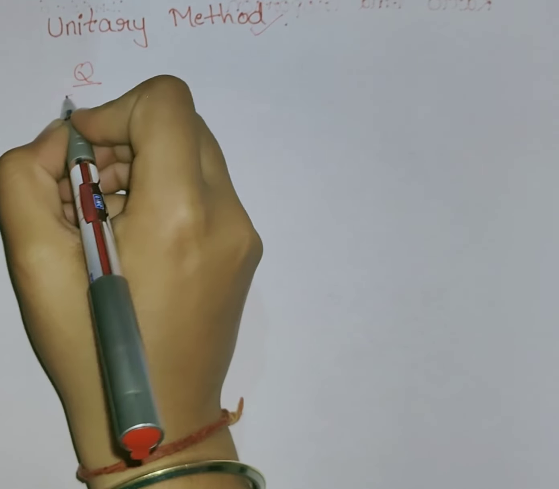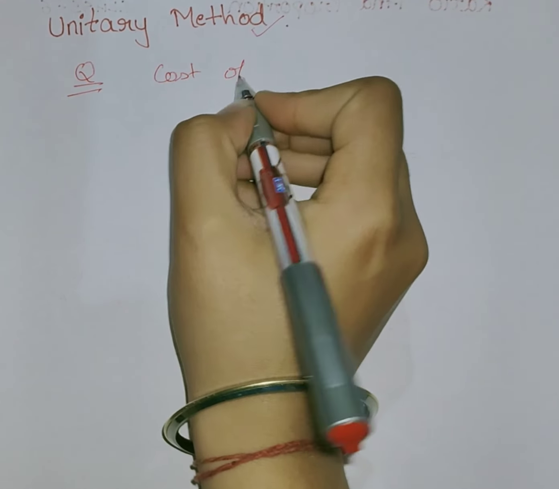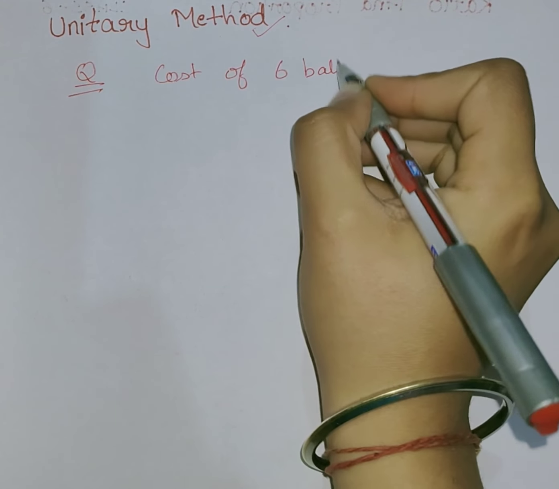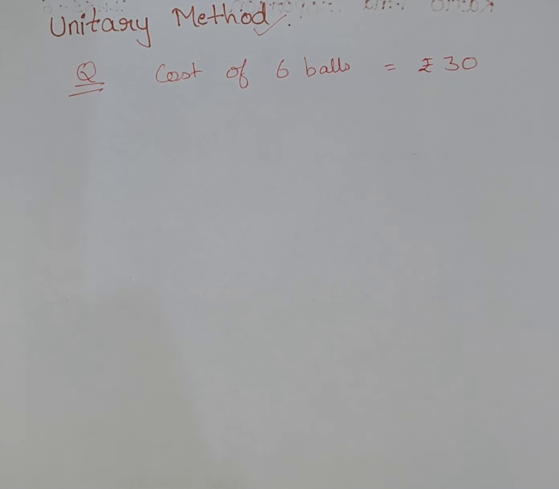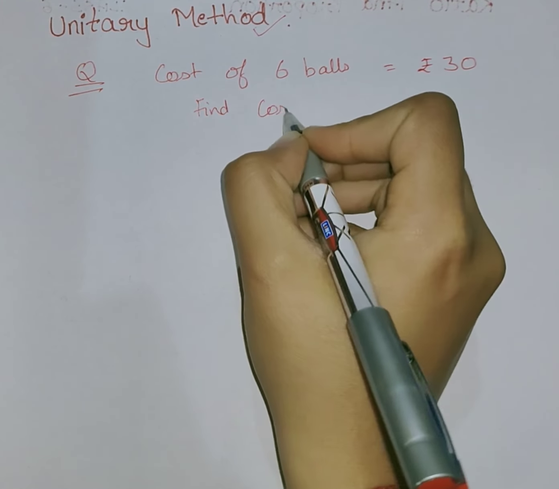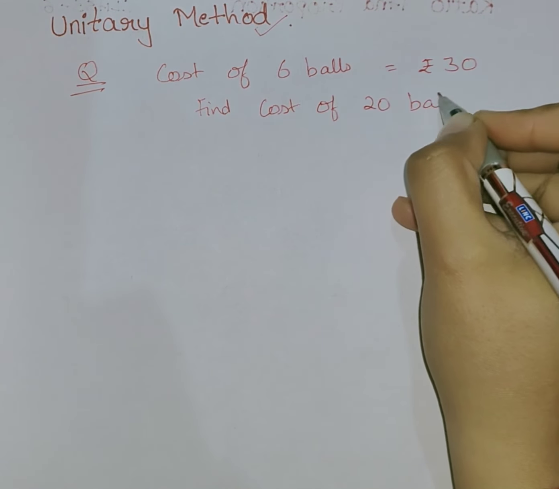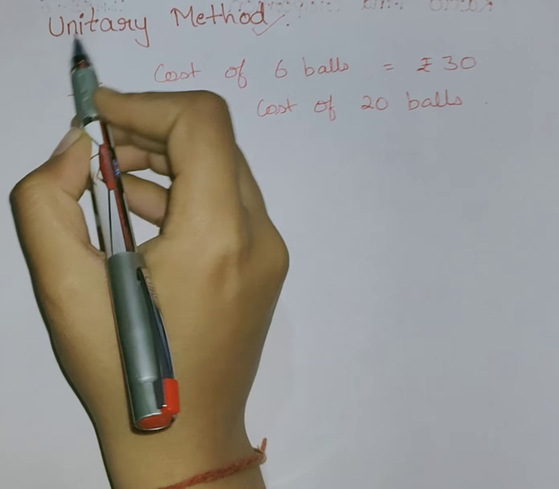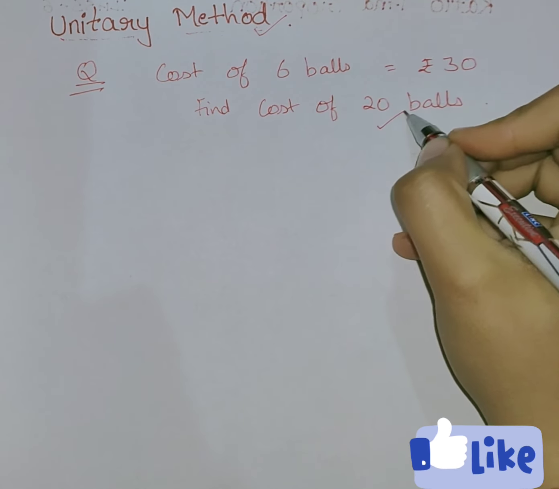Suppose you are having a question that the cost of 6 balls is rupees 30 and you are asked to find the cost of 20 balls. So with the use of the unitary method we'll find out the cost of 20 balls.